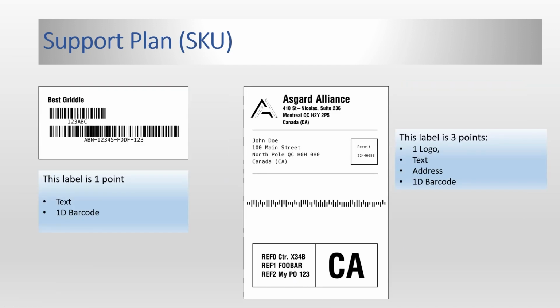The point system works with 1, 3, and 5 points. So 1 point labels are very simple labels that just have one text and a simple 1D barcode. 3 point labels can have, for example, one logo, one text, one address, and one 1D barcode.